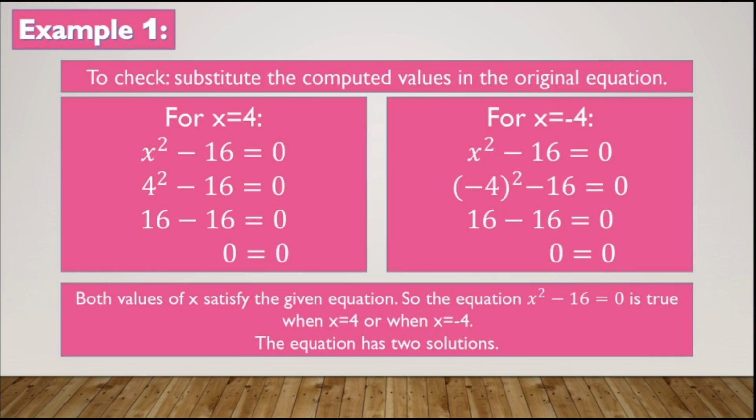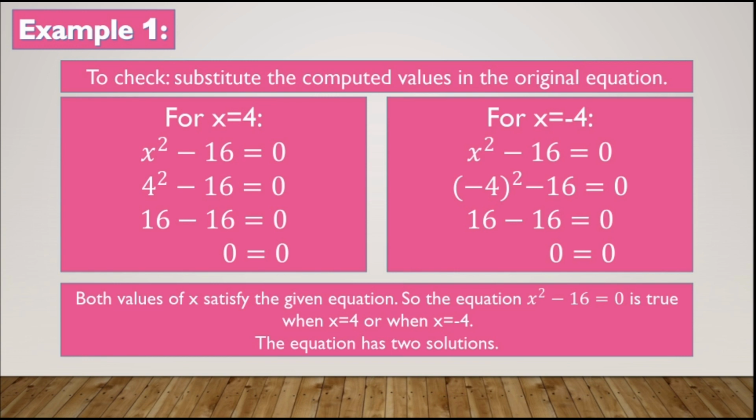To check if our answers will satisfy the given equation, we have to substitute the computed values in the original equation. For x is equal to 4, so let us try to plug it in. We have 4 squared minus 16 is equal to 0. And 4 squared is equal to 16, and 16 minus 16 is equal to 0. So 0 is equal to 0.